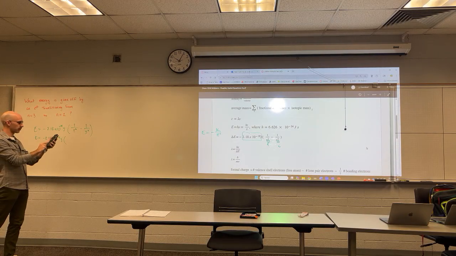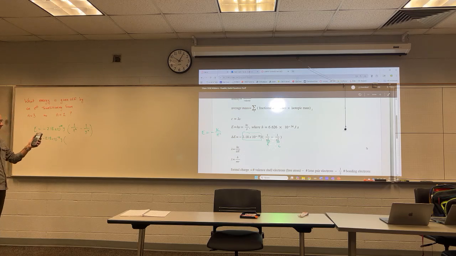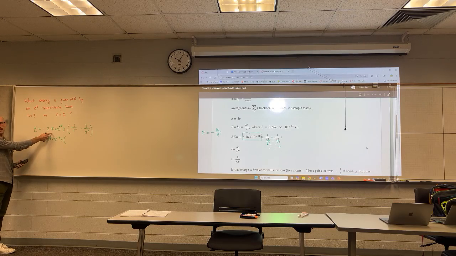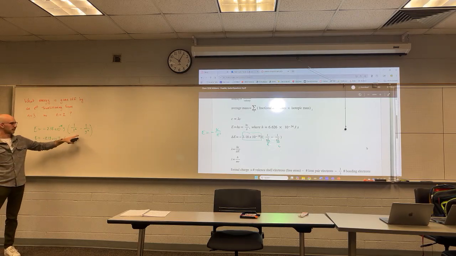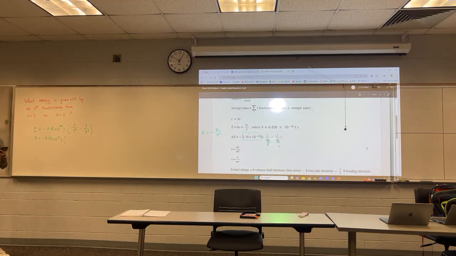First of all, 1 over 3 squared, larger than 1 or less than 1? Less than 1. We'll limit sig figs here to 3 from our constant, because these are counted numbers. They don't have sig figs.